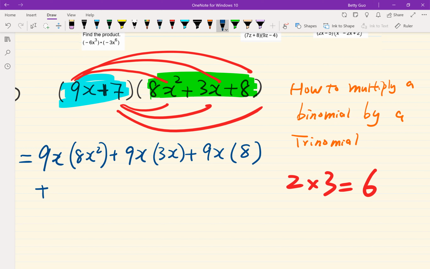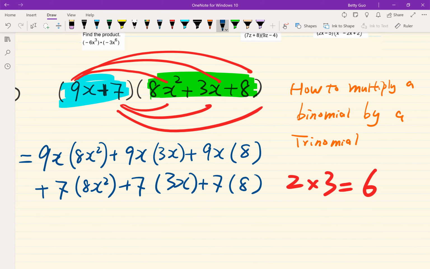That's 3 terms, right? And term 2 in the blue, 7 multiplied by term 1 in the green, 7 multiplied by term 2, 7 multiplied by term 3. Those are the 6 terms. So far so good?